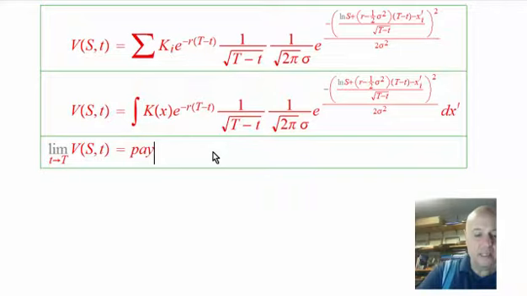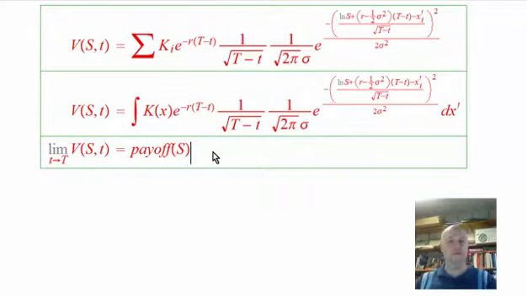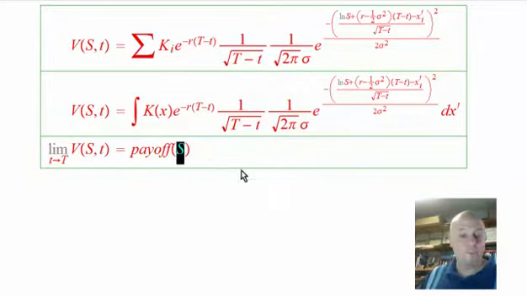I need that to equal the payoff with respect to the stock. So that S is going to be what survives here as I take the limit as the time approaches expiry.